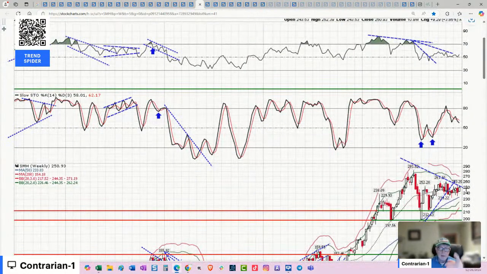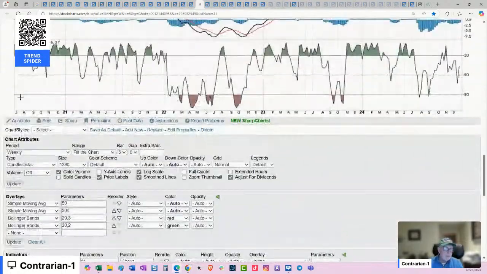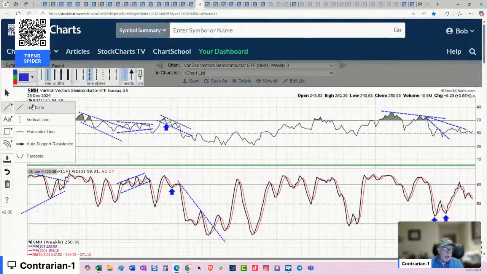No breakout yet. If you're buying them now, you have to stay real small because you're buying into weekly resistance. We get a close on a weekly basis above 250 this week or next, then I become more bullish on the semi stocks. I like the way RSI is holding 50. That's the neutral level. We have a probable higher low on stochastics.